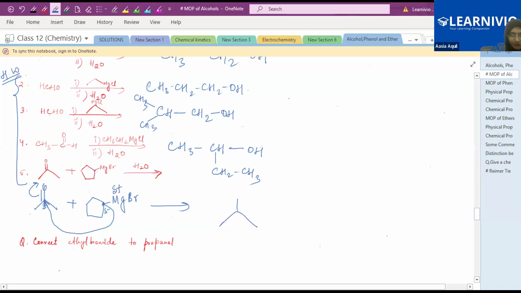This group CH3, C, and this carbon, C double bond O, and this CH3. This bond I have just joined like this, and on the oxygen there is a negative charge. The bond will shift over here, and this oxygen will get a negative charge, and this cyclopentane ring gets attached to this carbon. So from here, you will show the attachment like this.